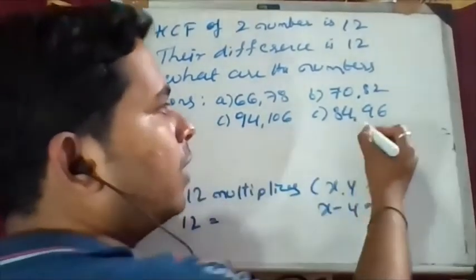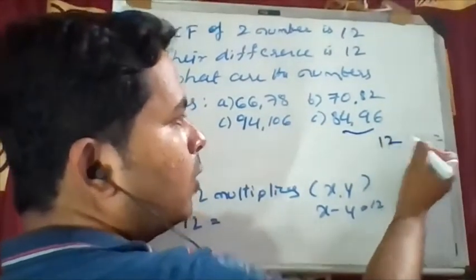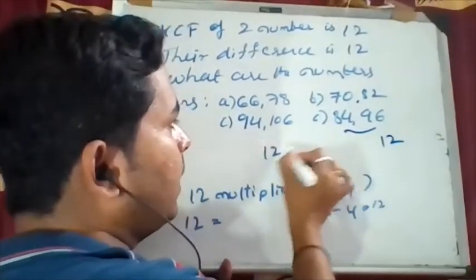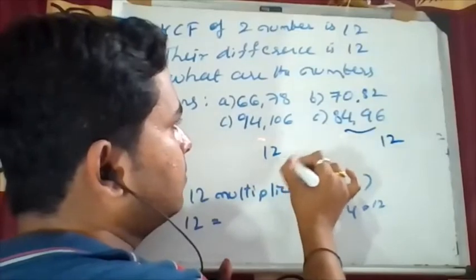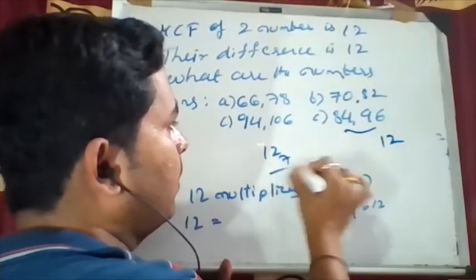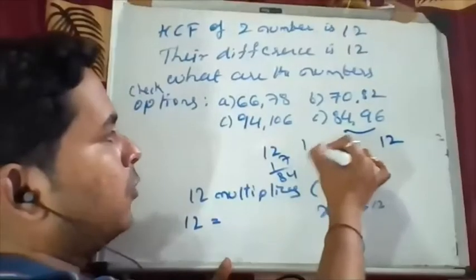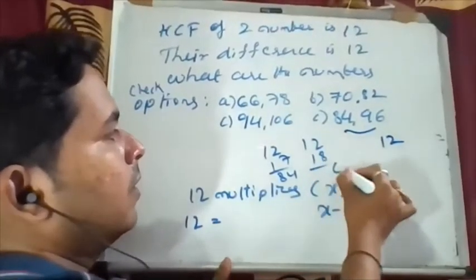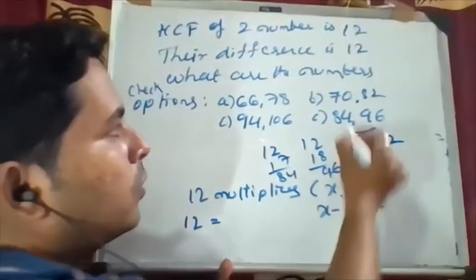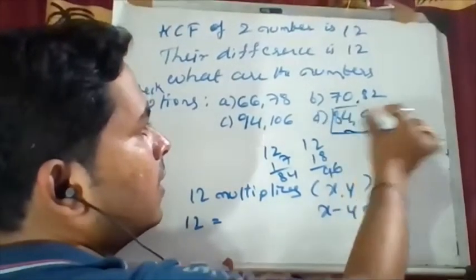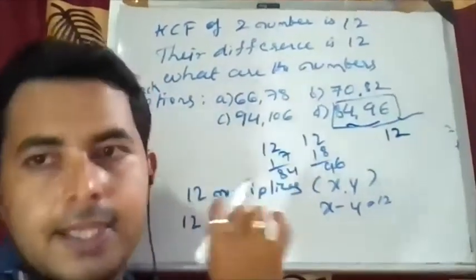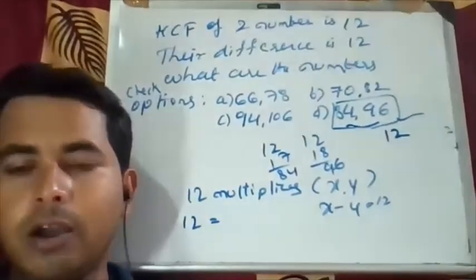और इन दोनों का difference क्या है? 12 है. 12 into 7 is 84, and 12 into 8 is 96. So this, D, is your answer. कैसे करना है? In this case you have to check the options.